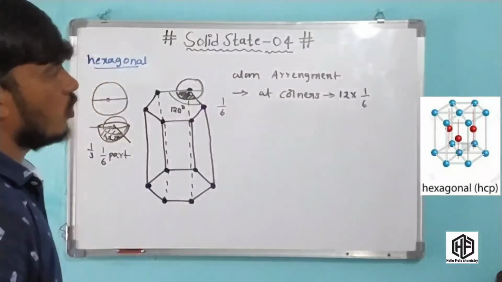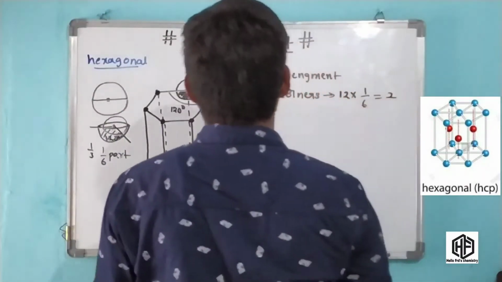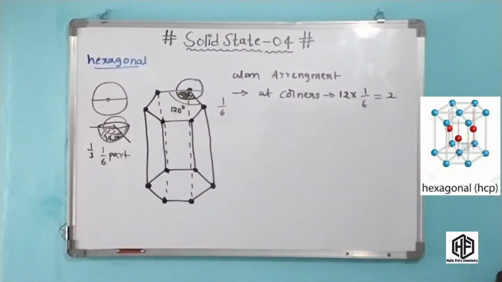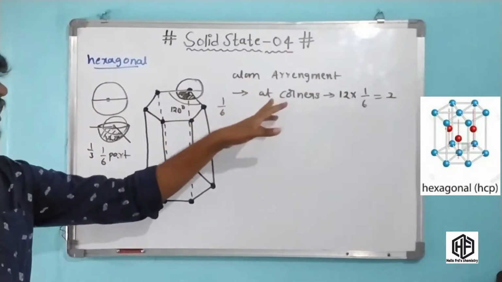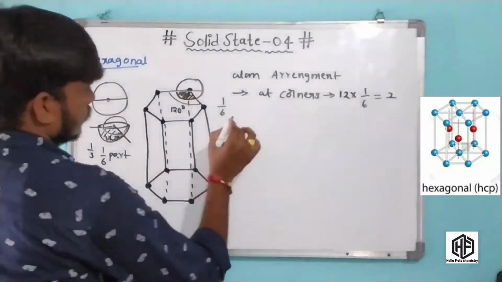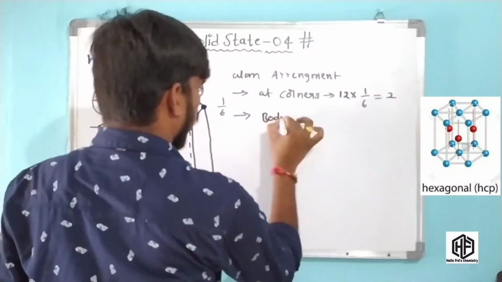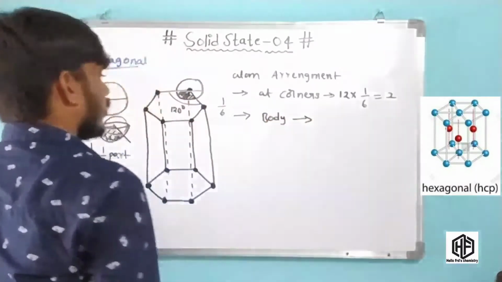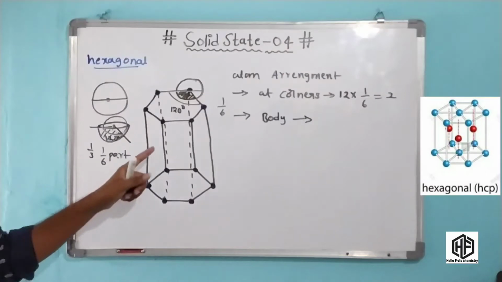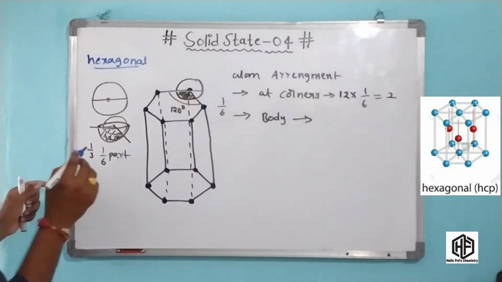12 into 1/6 is 2, okay friends. In the hexagonal unit cell, the atom arrangement at the corners gives 2. And another atom arrangement is in the body. Atoms arranged in the body of the hexagonal unit cell are 3 atoms, okay friends.